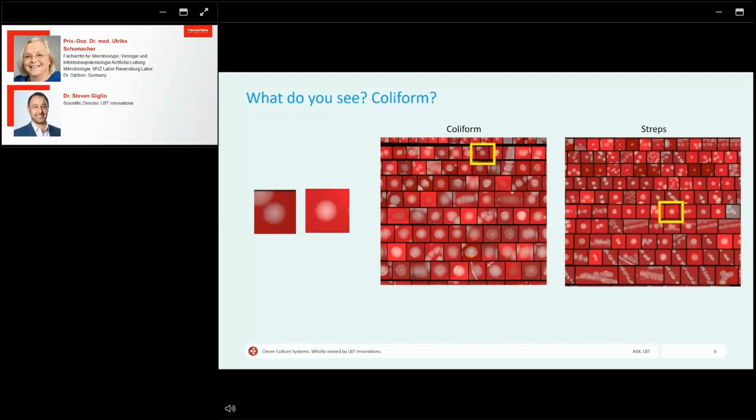When you look at the group of organisms that it's come from, one is in fact a coliform and one is in fact a Streptococcus. These are images that we use to develop the AI, and you can see there's a cluster of different types of coliforms on the left-hand side, and on the right-hand side a different cluster of Streptococci, and there are elements of overlap there. This is a really important fundamental principle of any AI: confusion.